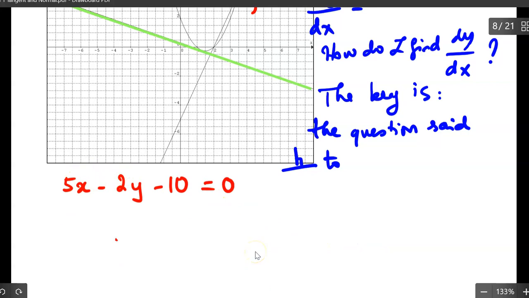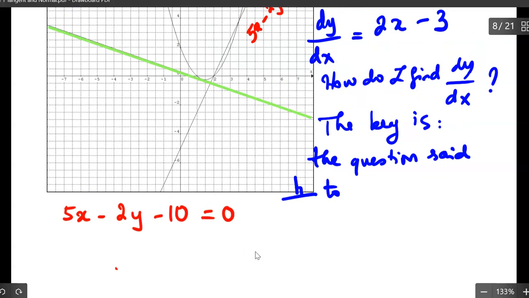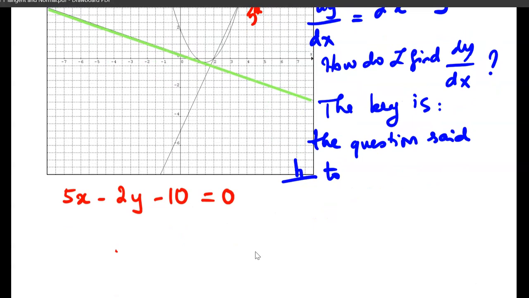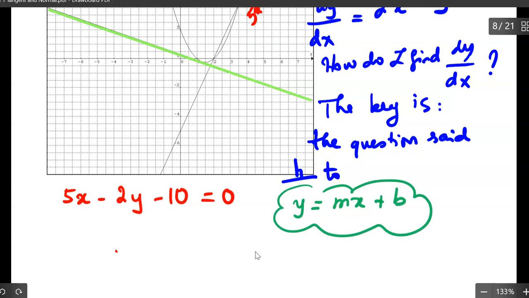So I will target the equation called the slope and intercept form, y equals mx plus b. If I somehow convert this into this form, I can pull out the slope right from here.